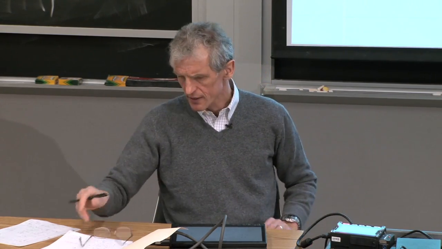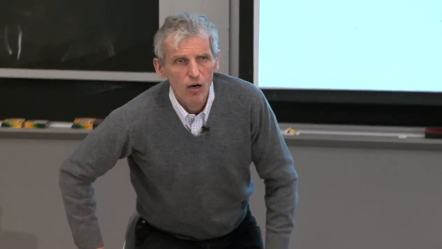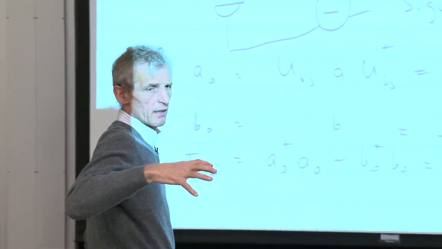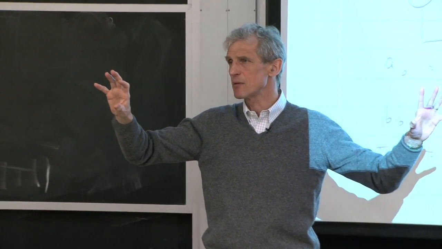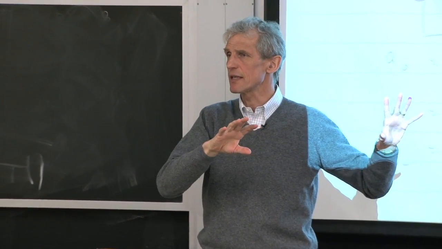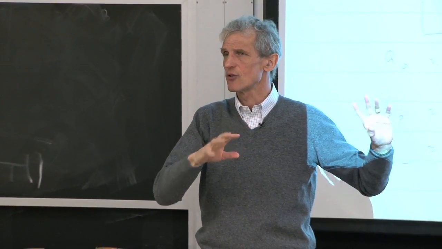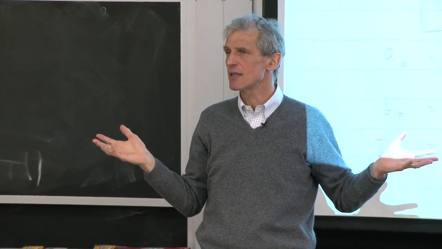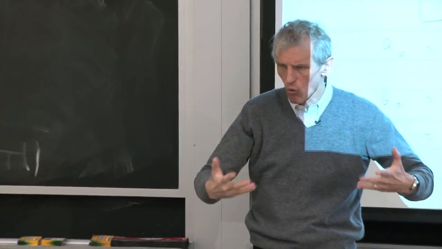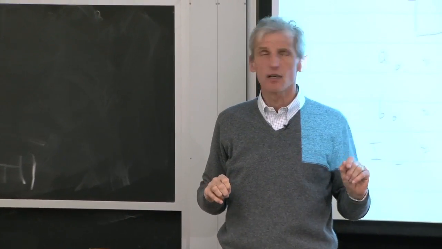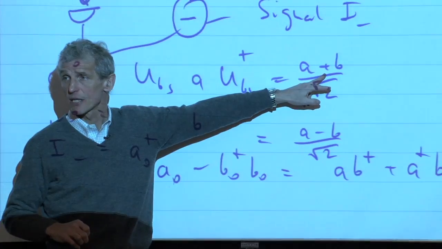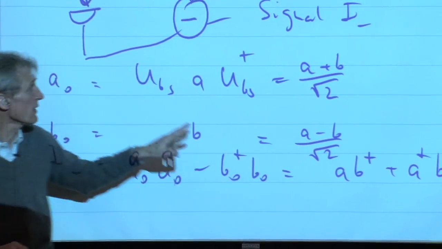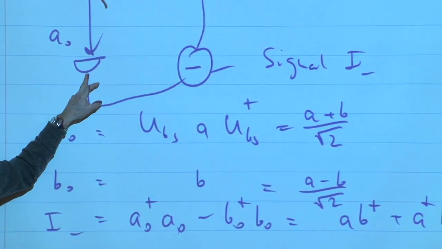So in other words, remember, I said we pick out the cosine omega t component by multiplying our signal with the local oscillator. And you would say, how do you multiply two modes of the electromagnetic field? Well, just send it to a beam splitter. In a beam splitter, you create the sum of them, but then your photodetector is a square law detector.